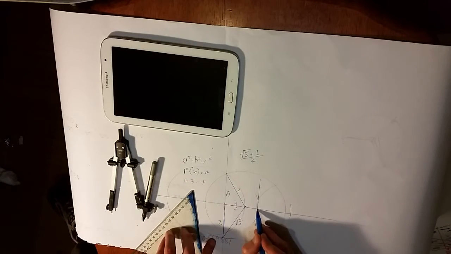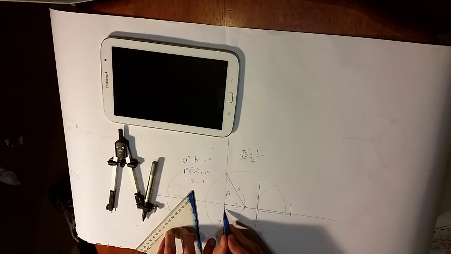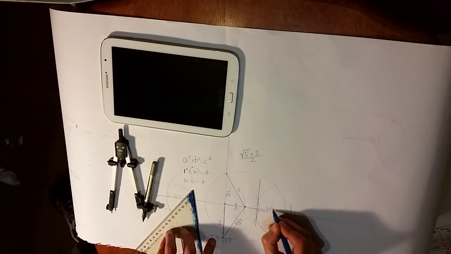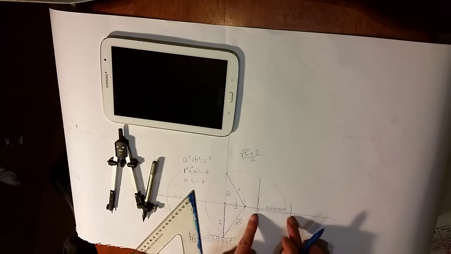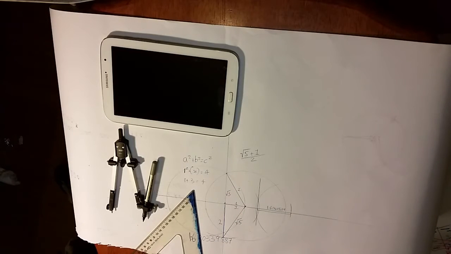Now we know that this distance is 1.61803339. So from the Vesica, it's very easy, using the Pythagorean theorem, to prove and to create phi.